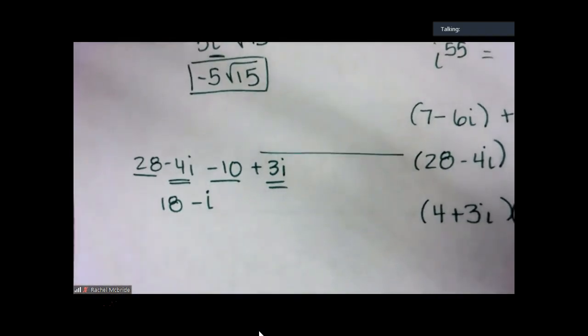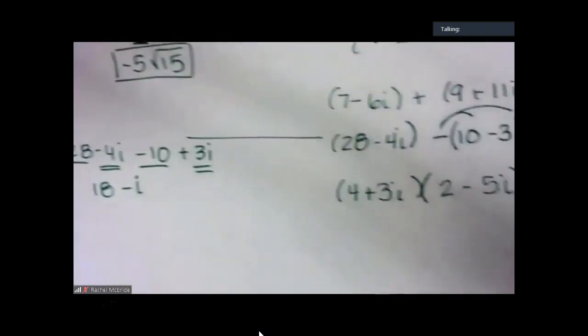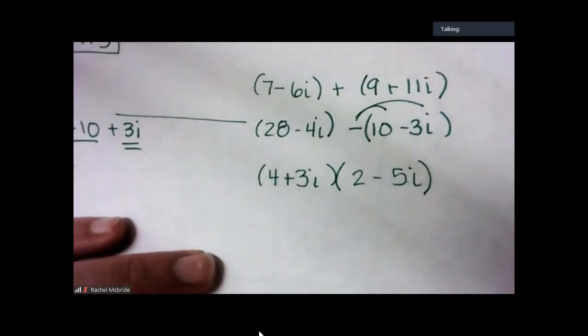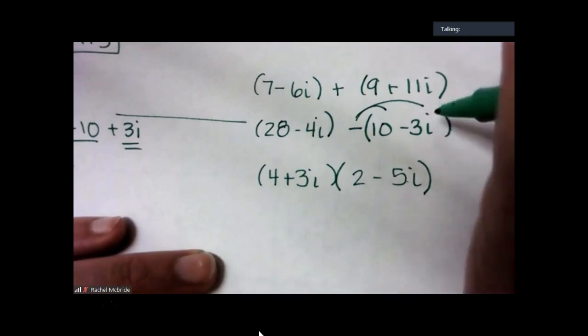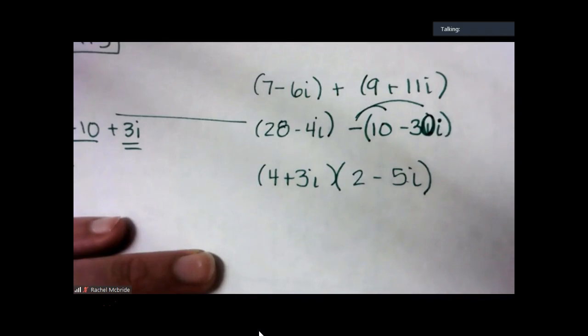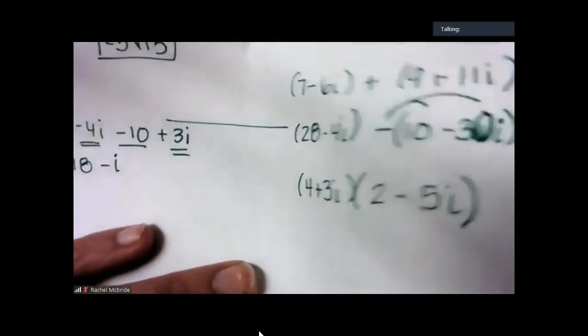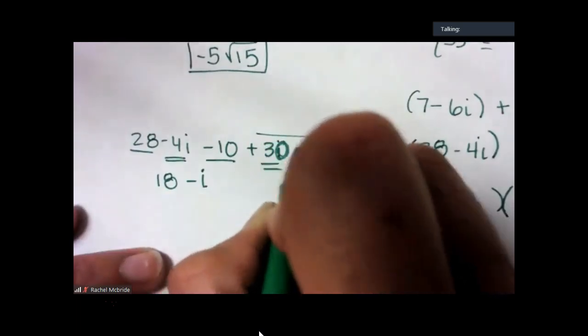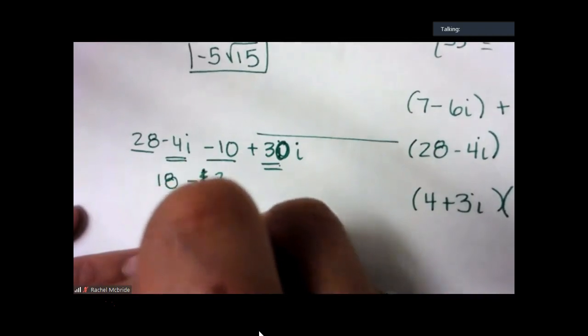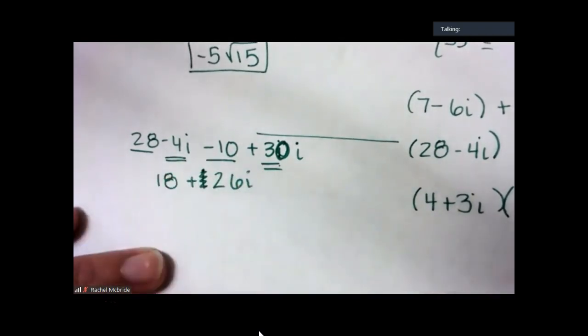Yeah, there's an 18 on there, but why do I have a 26 on there? I'm so sorry. No. Because I have the problems written down on my paper, it was supposed to be a 30i. I missed the 0. So 18, 26. Yeah. Because that should have been plus 30i, and 30 minus 4 gave you a positive 26.